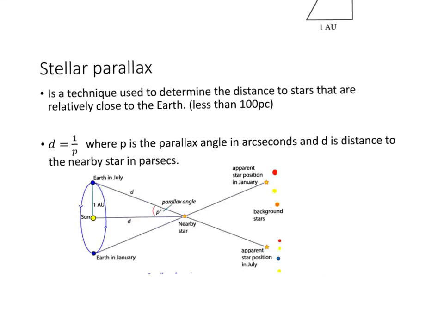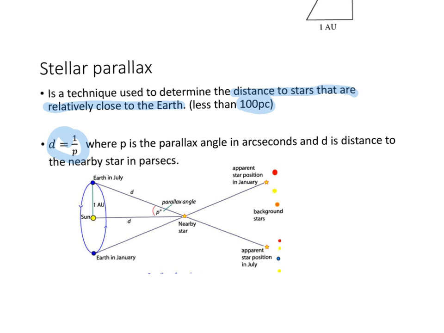Okay, so let's see how we can use these parsec calculations for further distances away from us. Stellar parallax is a technique used to determine the distance to stars that are relatively close to the Earth, so less than 100 parsec. We can use this equation, I'll go through it in a second, but before that, you need to understand how this works.